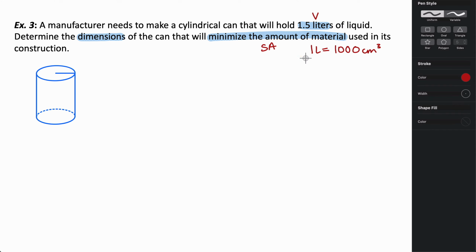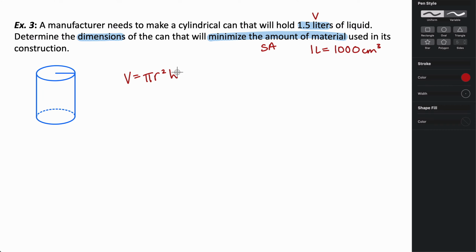So that's going to help us. That means that 1.5 liters is 1,500 cubic centimeters. Okay, so what is the volume? So the volume of a cylinder is equal to the area of the base times the height. And the area of the base is just a circle, so it's pi r squared, and then times the height.